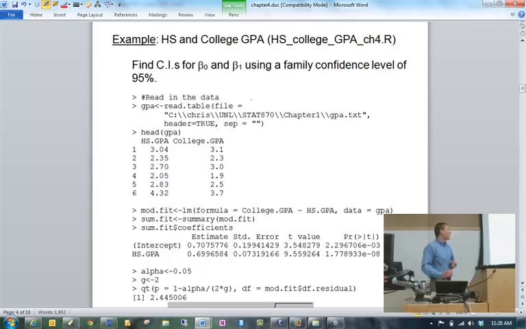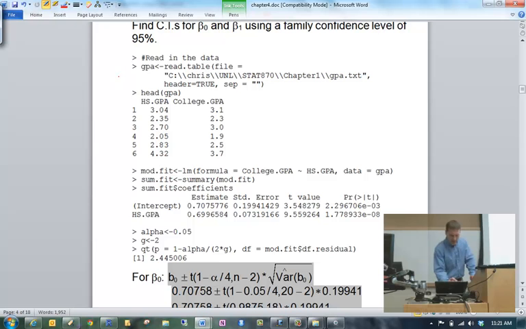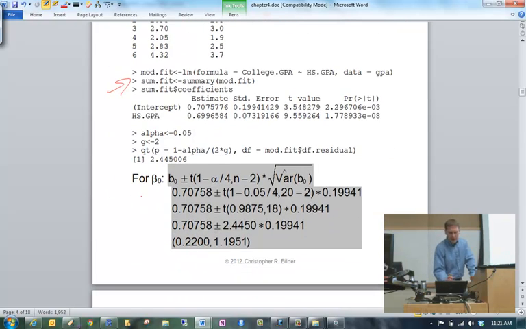Let's take a look at a quick example. This is with the high school and college GPA data set again. So I read in my data. I estimate my model like I normally do. This time, just to make the output look a little bit shorter, because we don't need all of it, I put the summary of mod.fit in an object called sum.fit, and I simply extract a component called coefficients.